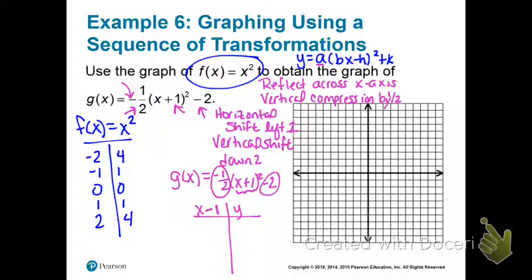We know PEMDAS tells us to multiply first, so we're going to multiply by negative 1/2, and then we're going to subtract 2. So I'm going to do my x's first. I'm going to subtract 1 from all of these. And then I'm going to take my y's and multiply them by negative 1/2. And then I'm going to subtract 2 from that answer.